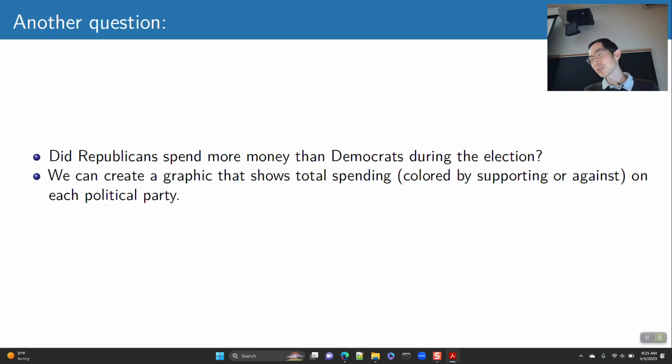We will go under the assumption that if there was money spent supporting a Democrat, it was by Democrats. And if there was money against Democrats, we're going to assume that it came from Republicans, and vice versa. If there's money going against Republicans, we're going to assume it's coming from Democrats, and if it's money supporting Republicans, we're going to assume it's coming from Republicans.